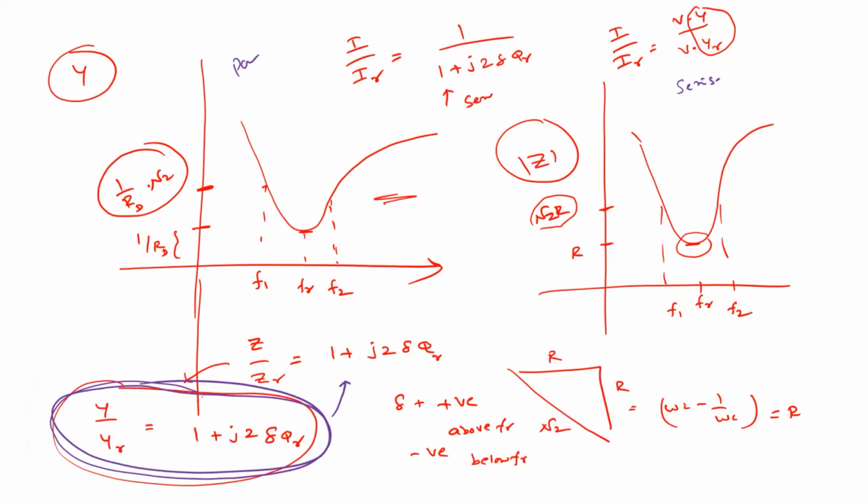Listen everyone. So Y by YR is this one, right? So accordingly, what is Z by ZR? So the reciprocal of this one, 1 upon 1 plus J2 delta Q. Please change this one. That day we made this mistake. Sir, I didn't make any formula mistake, sir.